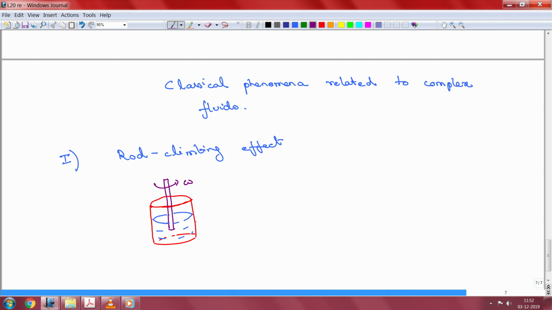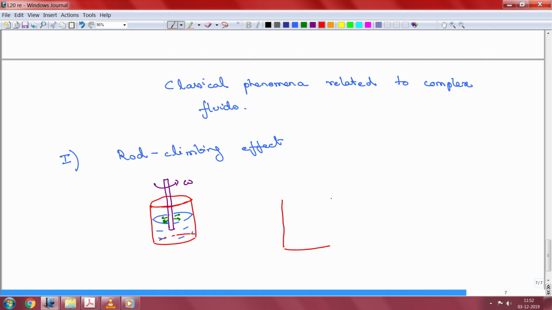Now, if this was a Newtonian fluid, the centrifugal forces will force the fluid to flow outward, away from the rod, and the meniscus dips a little bit. So, these are all radially outward, and the meniscus dips. This is the behavior you will see if you have a beaker full of Newtonian fluid.